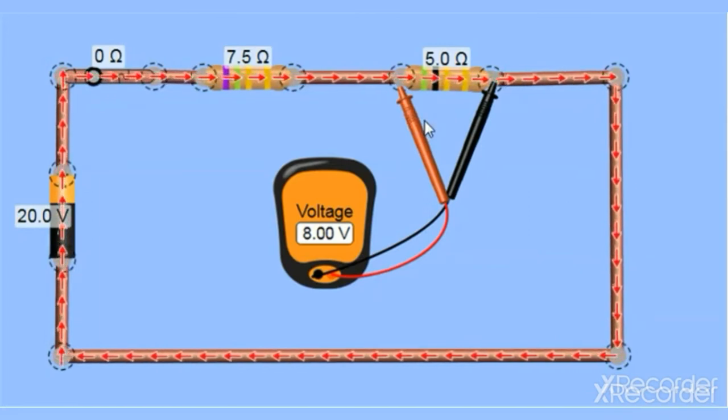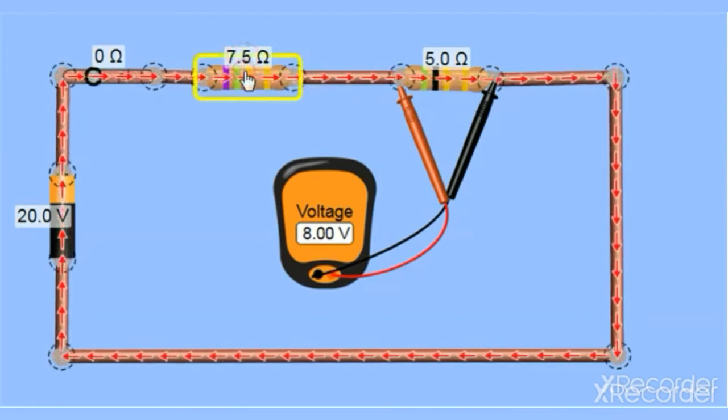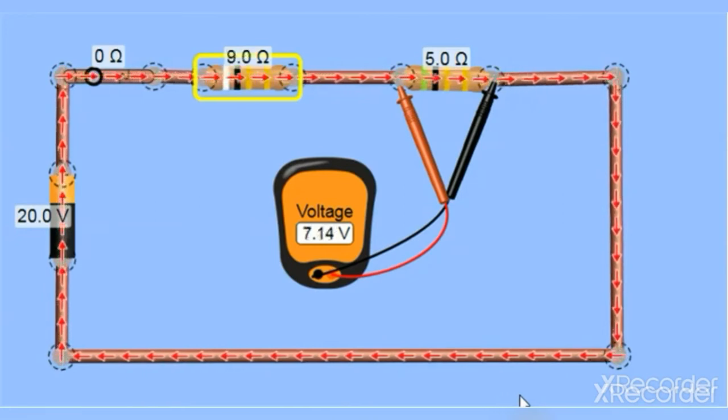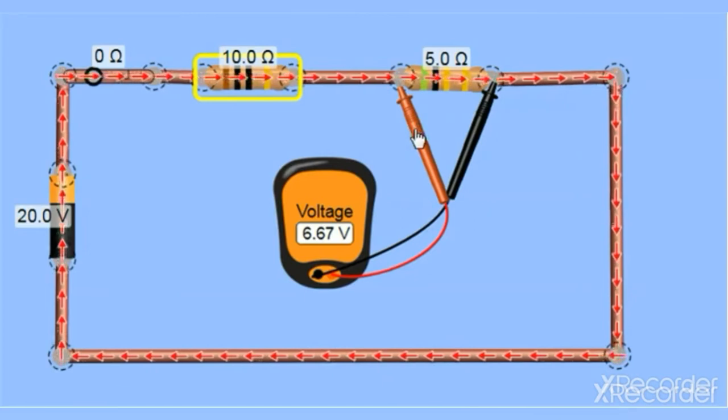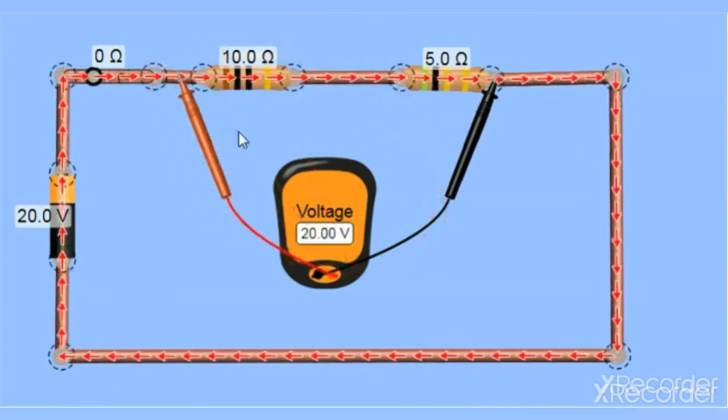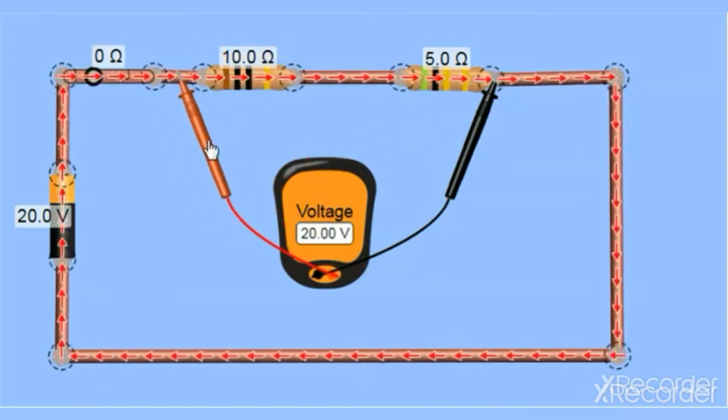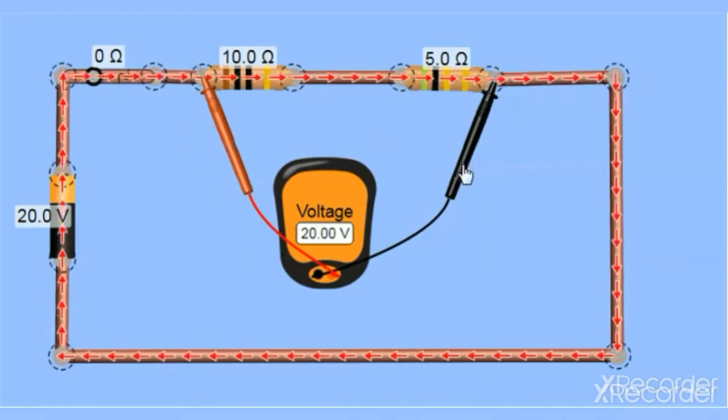So this is Kirchhoff's voltage law. Suppose I change the first resistance from 7.5 to 10 ohms. Now let us see the voltage drop across this first resistance of 10 ohms.